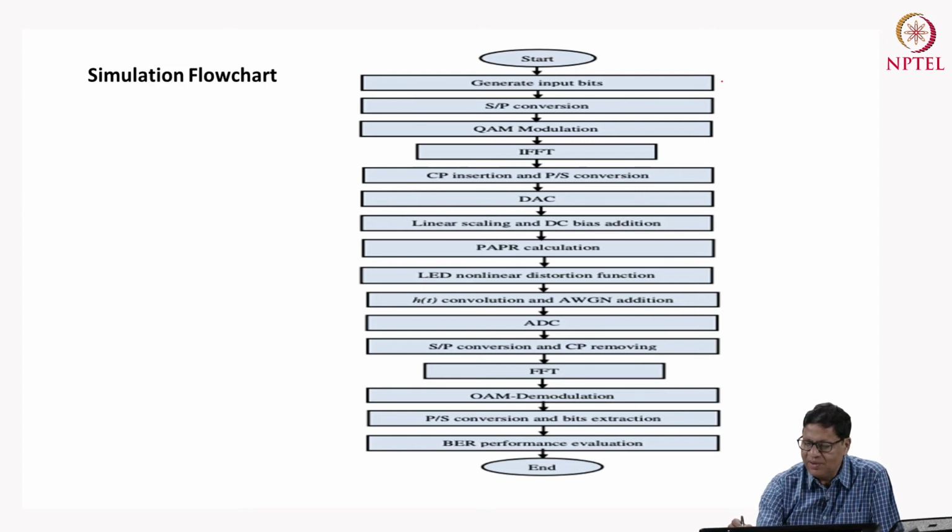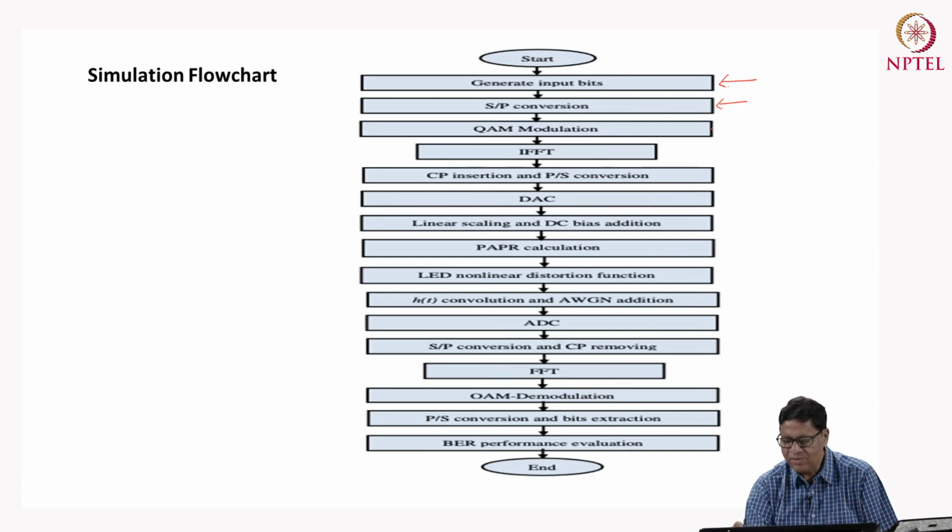So you basically first generate input bits. Then the next process is serial to parallel conversion, and then you use higher order modulation, QAM modulation. This is basically MQAM. And then you do the IFFT operation, converting into time samples or time domain.